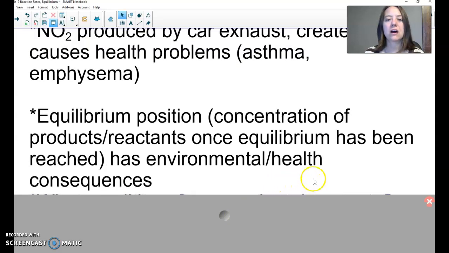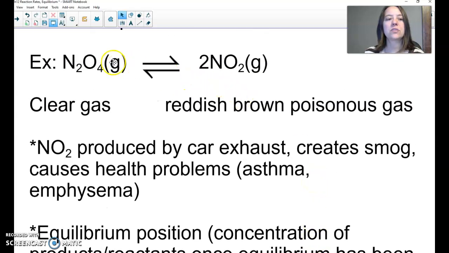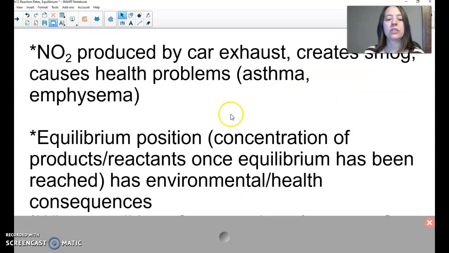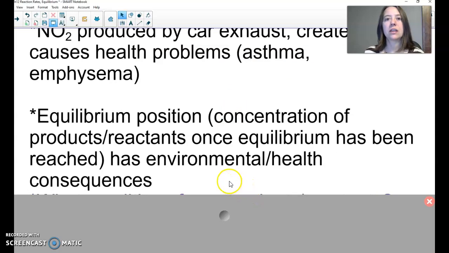Looking back at our equation, if something favors the forward reaction, this is going to have environmental impacts. It's going to have health impacts on people's lungs, and people in certain conditions can die from that. Whereas if it favors the reverse reaction, it's not such a big deal. So the equilibrium position is important.